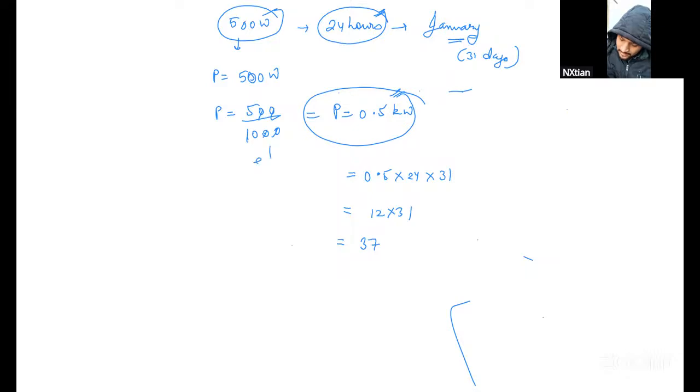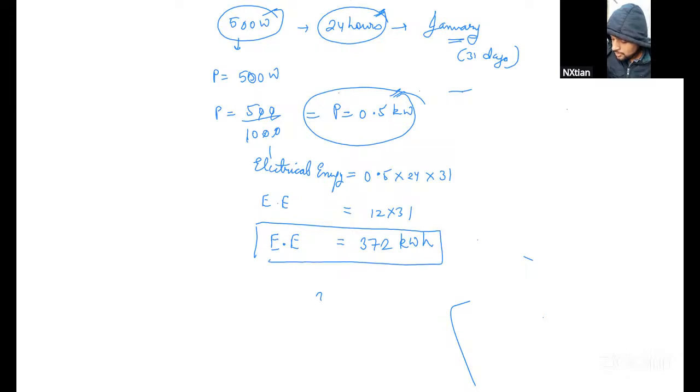We can write E, which is electrical energy. So 372 kWh. Basically this is called units, like 372 units.